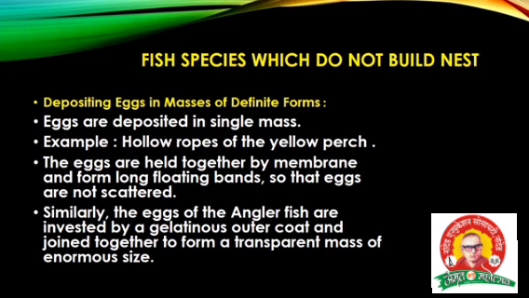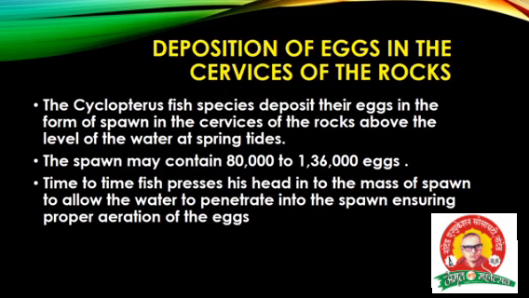For example, the roe of the yellow perch: the eggs are held together by a membrane and form a long floating band so that eggs are not scattered. Similarly, the eggs of the angler fish are invested by a cartilaginous outer coat and joined together to form a transparent mass of enormous size. These are examples of fishes that do not build a nest.